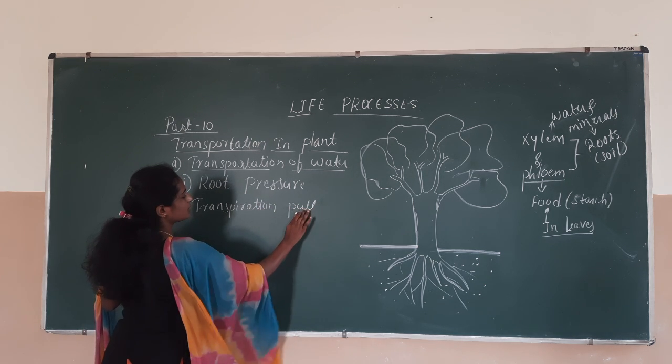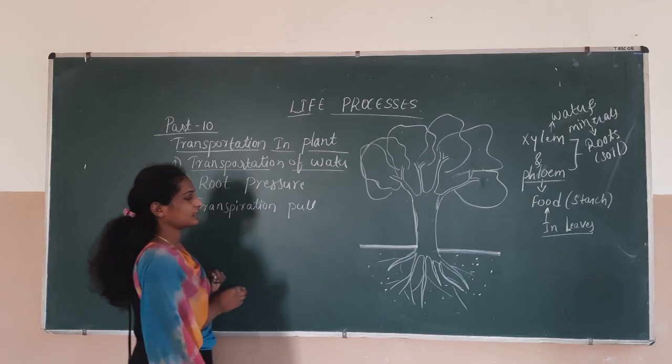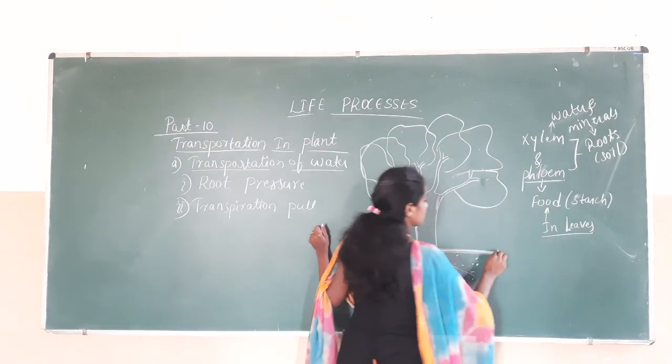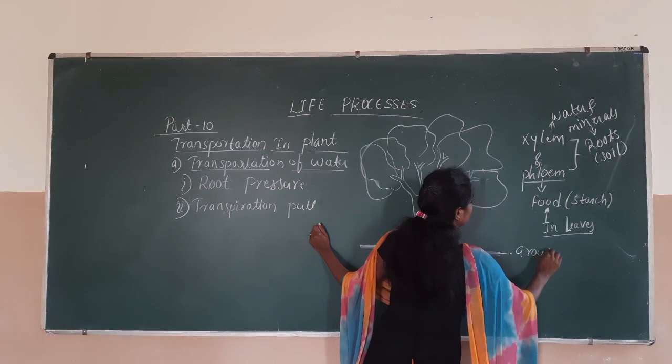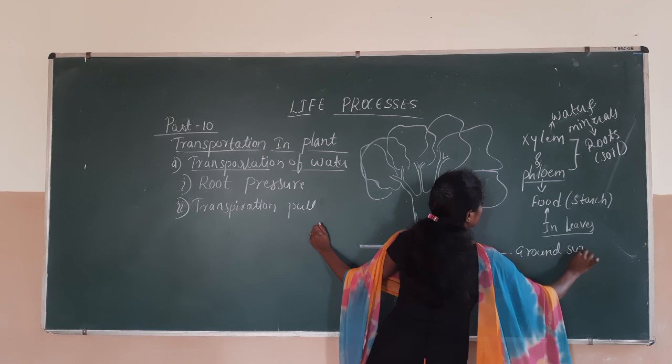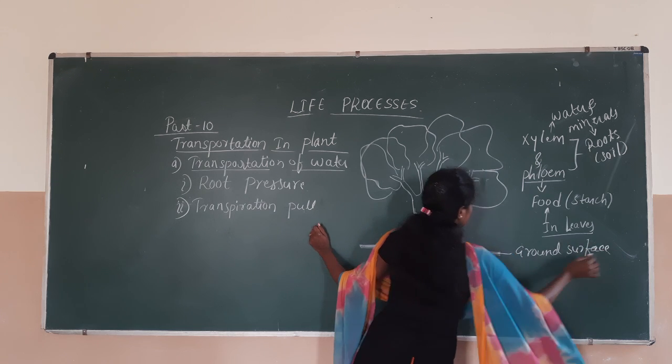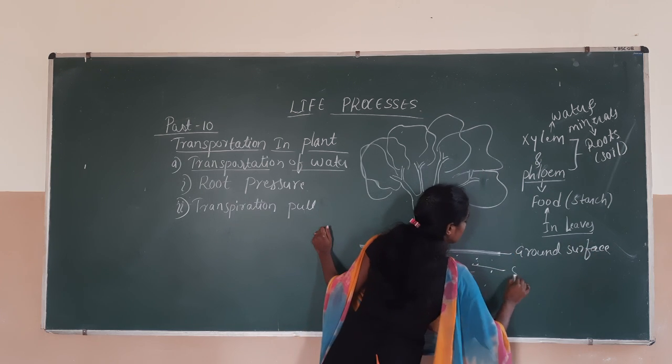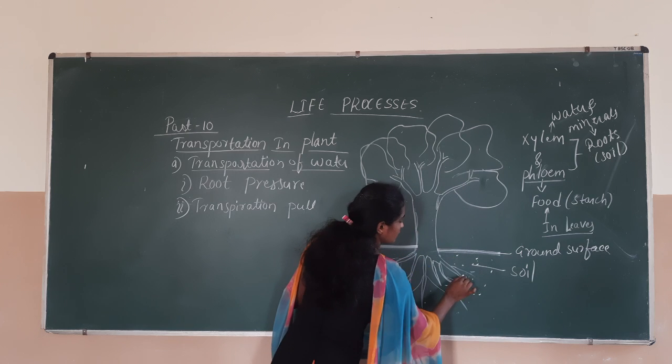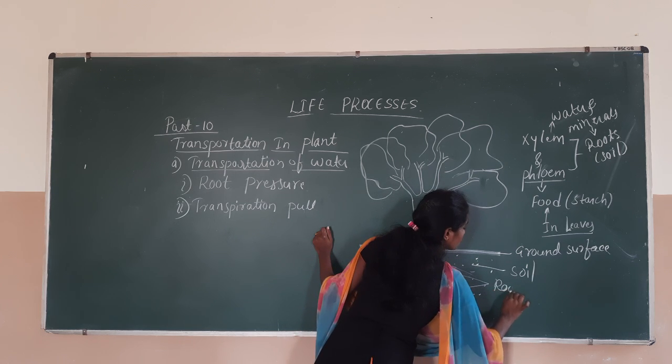This diagram indicates the transportation of water in the plant body. This is the ground surface, this is the soil, and these are roots.